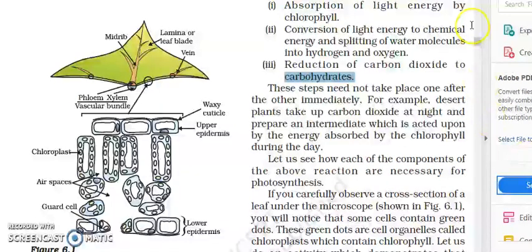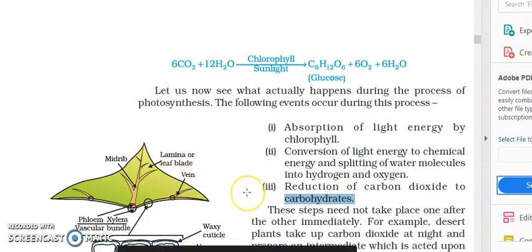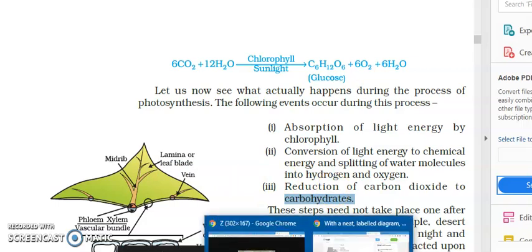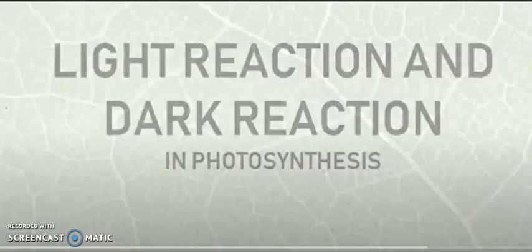Essentially, this chemical equation mentioned in your textbook about the generation of glucose, which is the basic sugar formed as a result of photosynthesis, is the overall crux or summarization of the entire complex chemical reaction called photosynthesis. If I were to tell you, let's split the entire process into two kinds of reactions, namely the dark reactions and the light reactions, what does that look like?